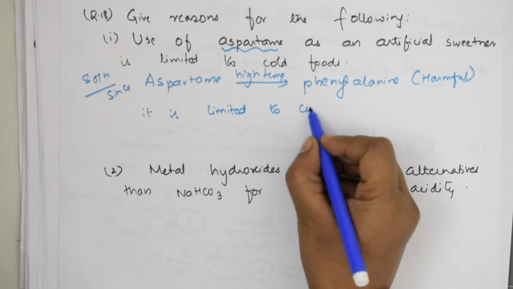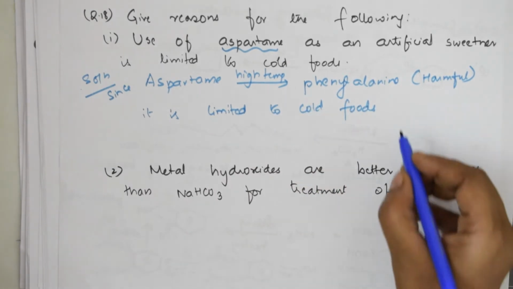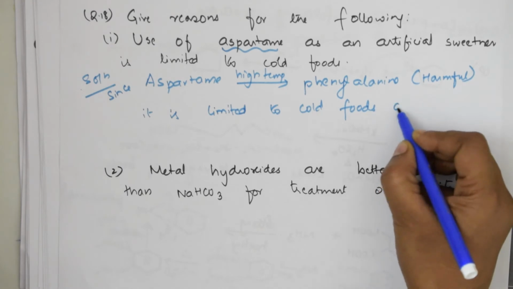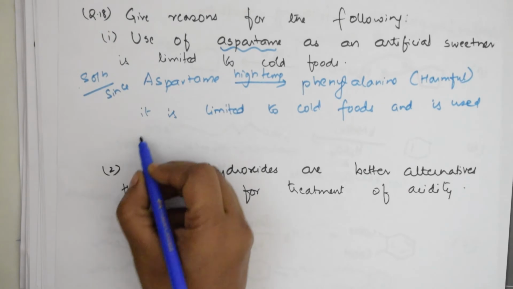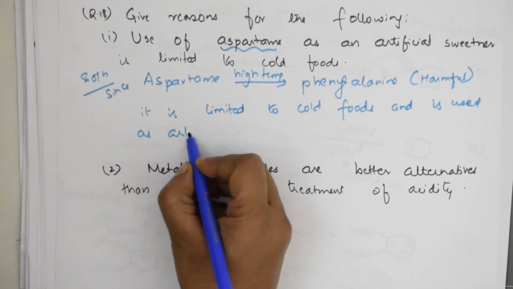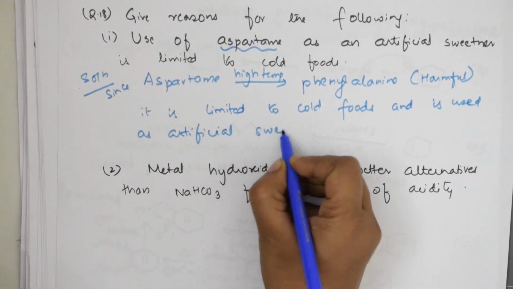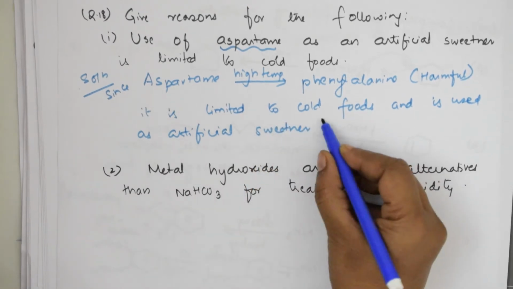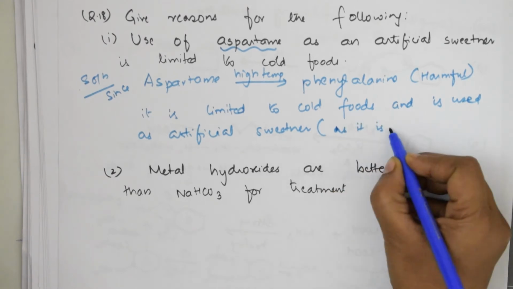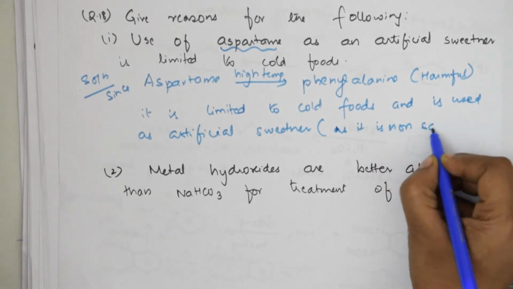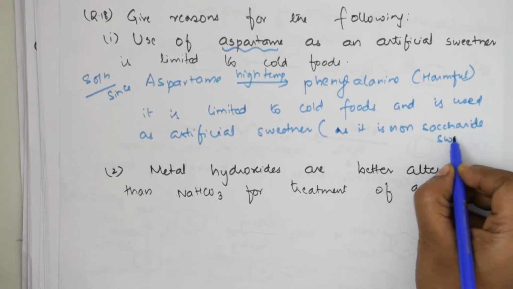it is limited to cold foods only. Okay, and what is important here, it is used as an artificial sweetener. Till here you have written, but here you are going to add one more point from your side. You will write it as it is a non-saccharide sweetener or sugar.